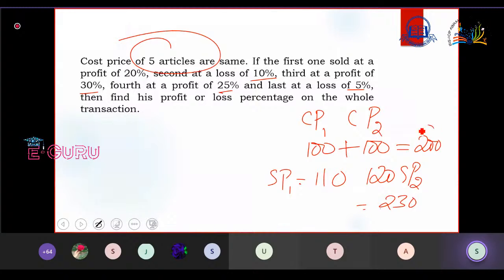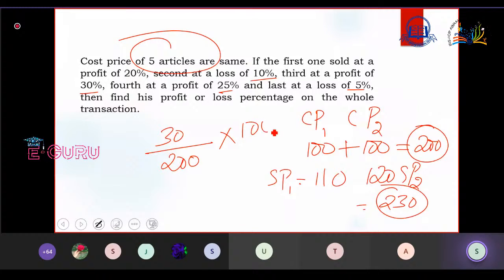So the cost price is 200 and the selling price is 230. That means 30 rupees is your profit. Profit percentage is 30 by 200 into 100, which is equal to 15. If it is a loss, we just subtract it, we provide the minus sign. Here both are profit, so the final outcome is also profit.